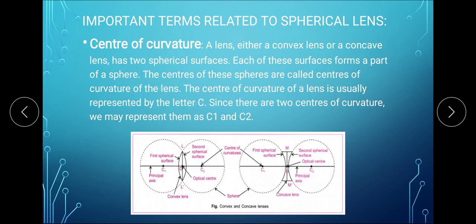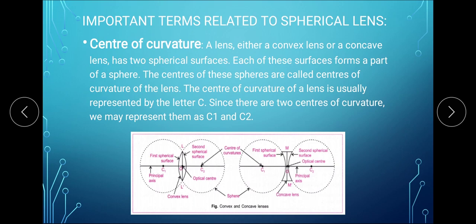Now we are going to discuss some important terms related to spherical lenses. Students, as a spherical lens has two spherical surfaces, these two spherical surfaces are part of imaginary spheres, and these two spheres have their centers. The centers of these spheres, of which the spherical surfaces of the lens form a part, are called center of curvature.